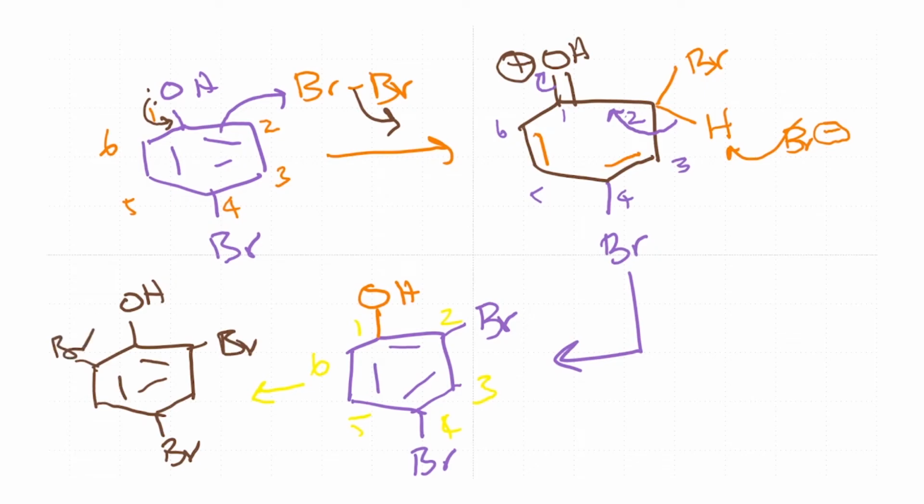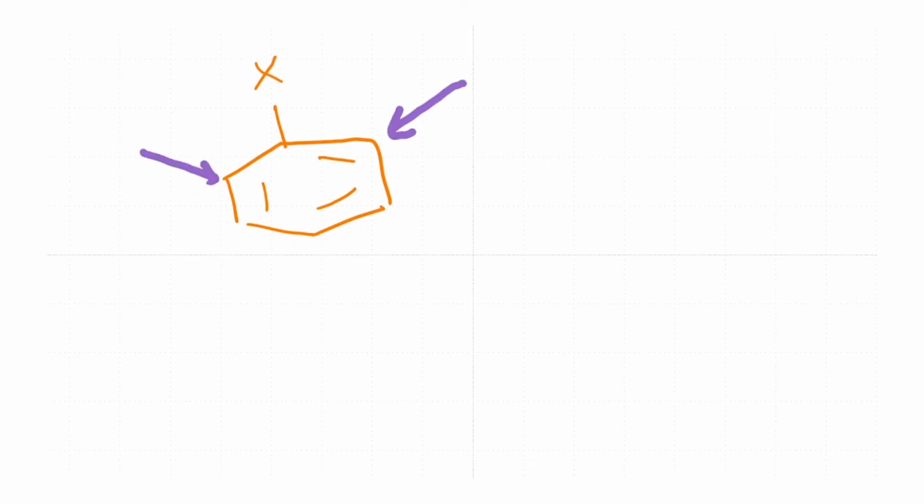Okay, so now it's useful to define these terms. When one draws a benzene ring and it already has a substituent X, these two positions are called the ortho positions.